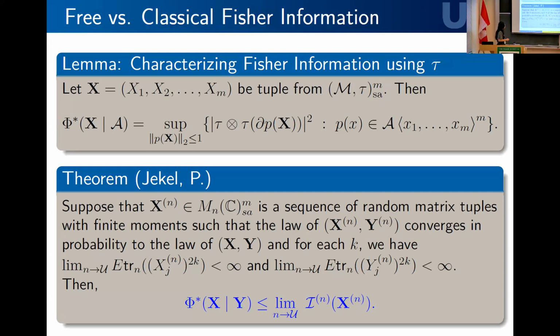So to talk about relating the free and classical Fisher informations, I basically want to turn this integration by parts thing into something that just involves traces and then apply convergence in non-commutative laws. So I first do a lemma that says, look, this free Fisher information is equivalently just the evaluations traced out, tau tensor tau, of derivatives of polynomials in the x variables.